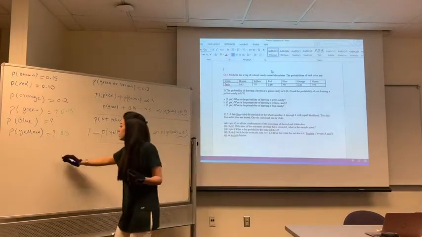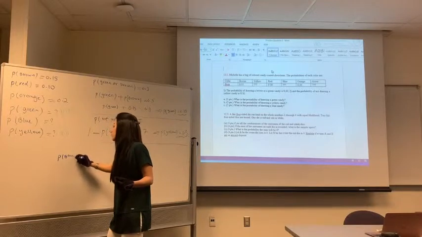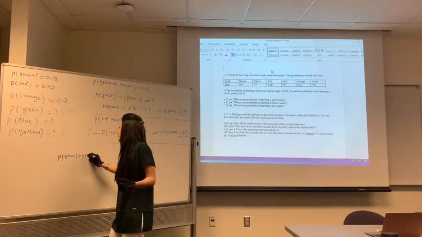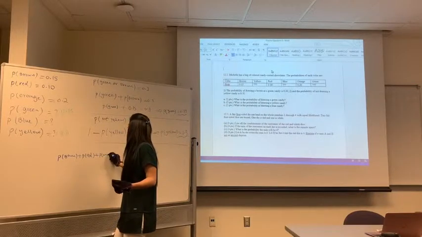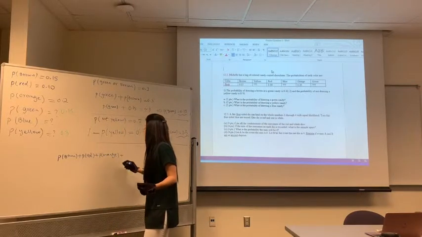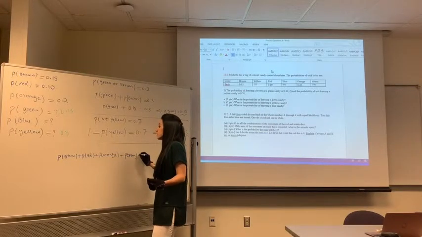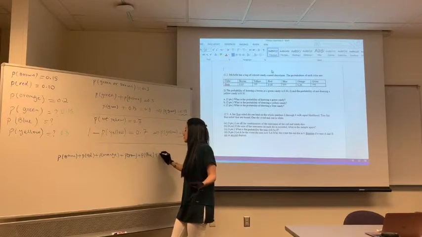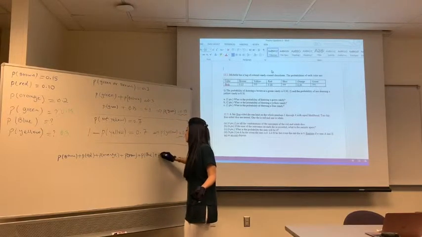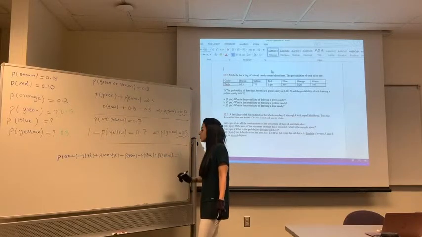So you add them all: probability of brown plus red plus orange plus green, blue and yellow, all together should be 1.